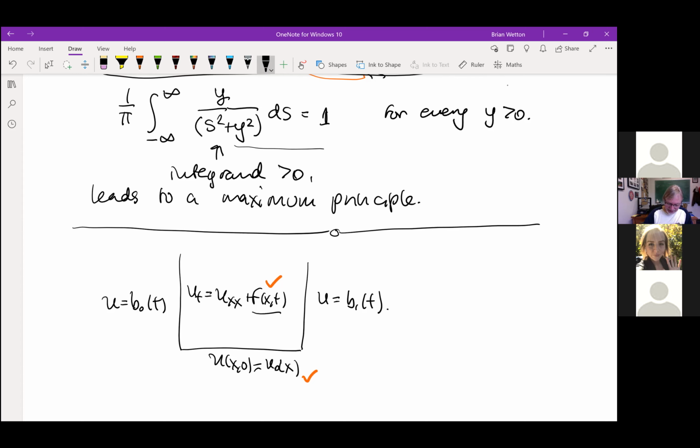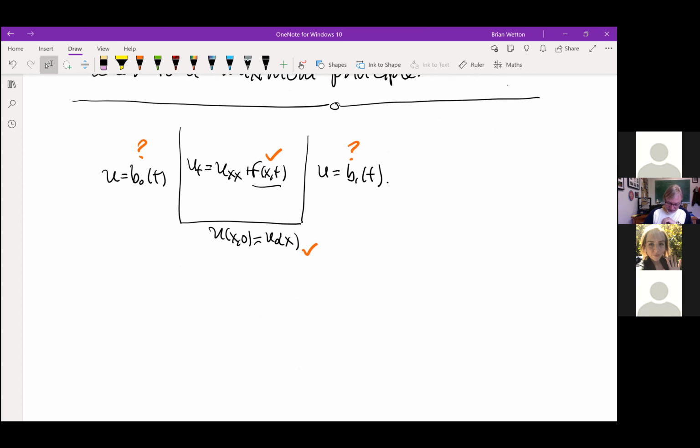But maybe you've lost track, but we have not worked out how to handle those terms yet. So again, we can divide and conquer. So let's focus on the problem that's just got these boundary conditions.